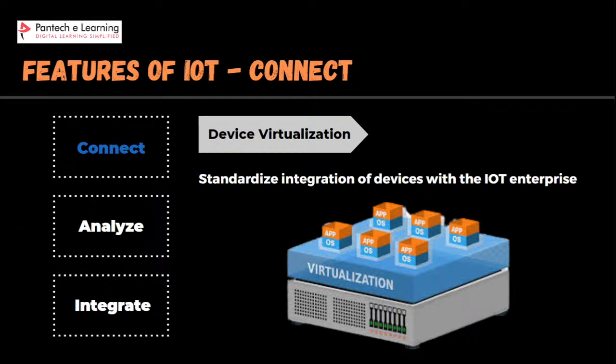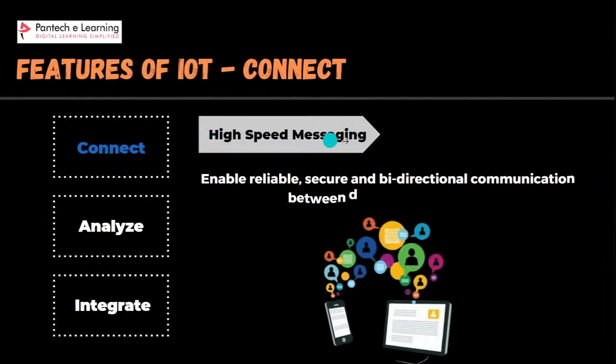Okay, coming to the next one, which is high speed messaging. What I have done is connect all these devices to my platform. But these devices in turn generate a lot of data, right? And this data is what is going to help us understand better how we can improve the overall system and provide the user with a better experience.